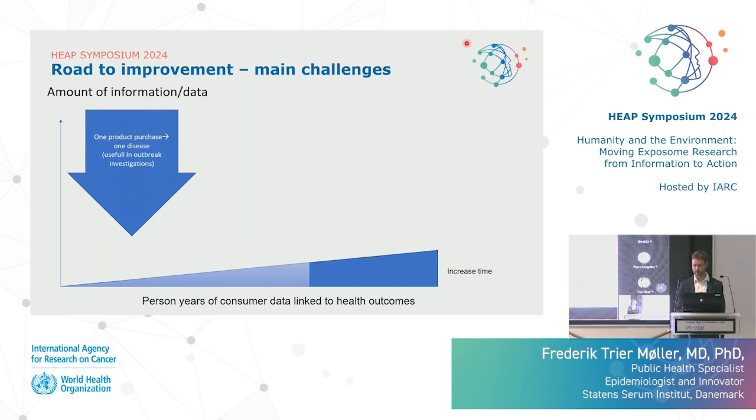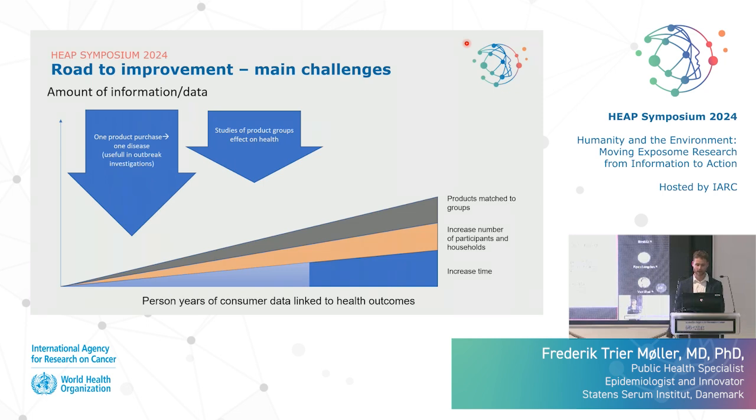But you can also increase the observation time, increase the number of participants and households coverage, and also start doing some matching and categorization of the products. And that allows us to do studies such as the one I just showed you some preliminary results about. You can also improve our product analysis matching to make sure that we have more ways to analyze the data.